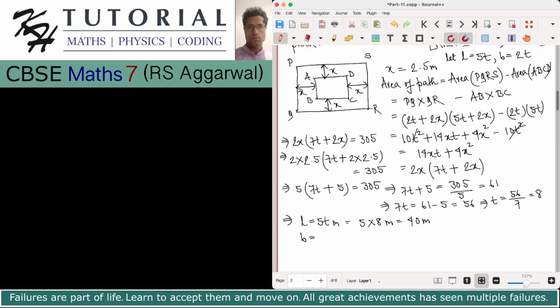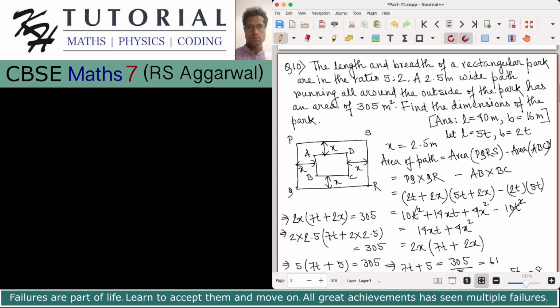So we have 2t meter, which is equal to 2 multiplied by 8 meter, which is 16 meter. So the length is 40 meter and the breadth is 16 meter. Okay.